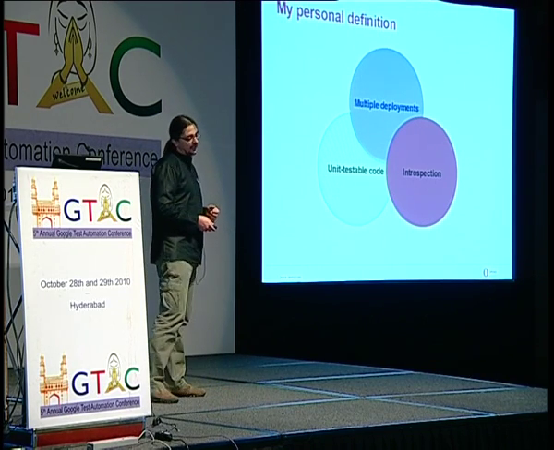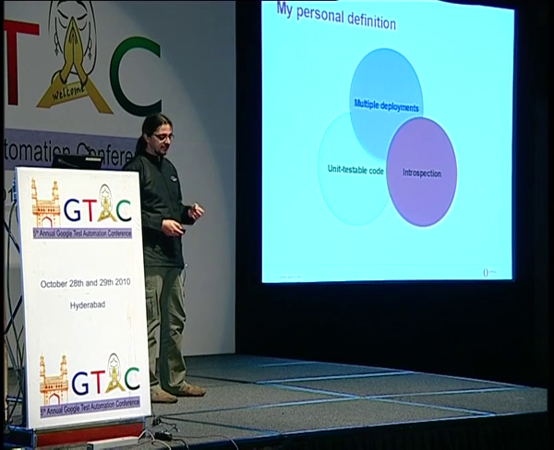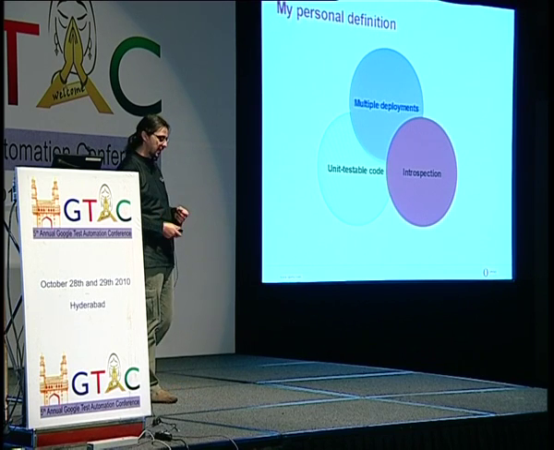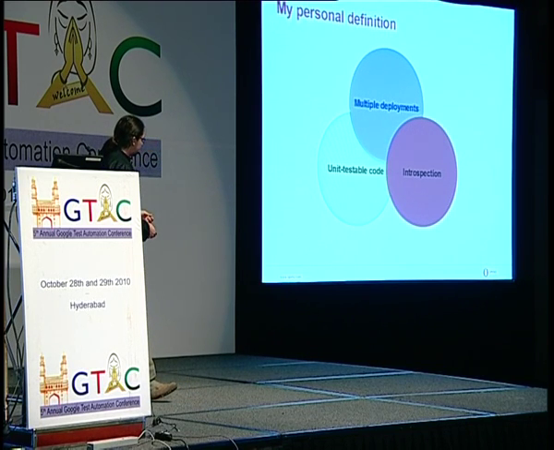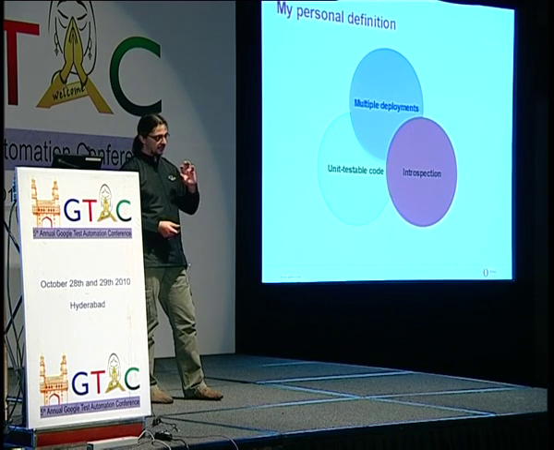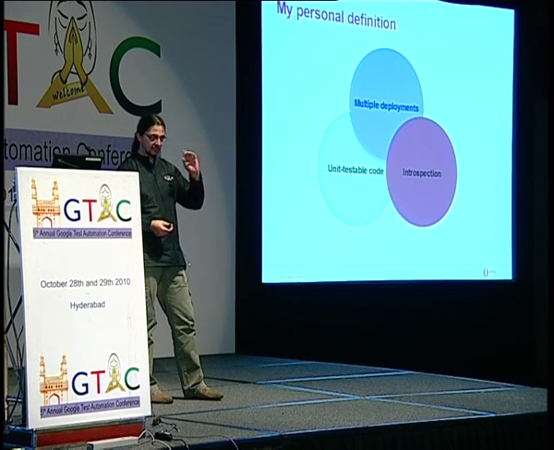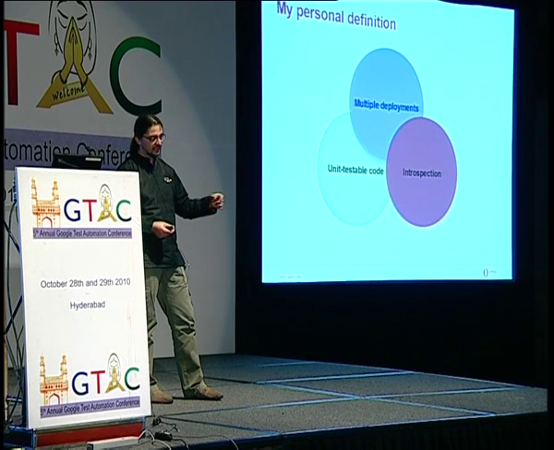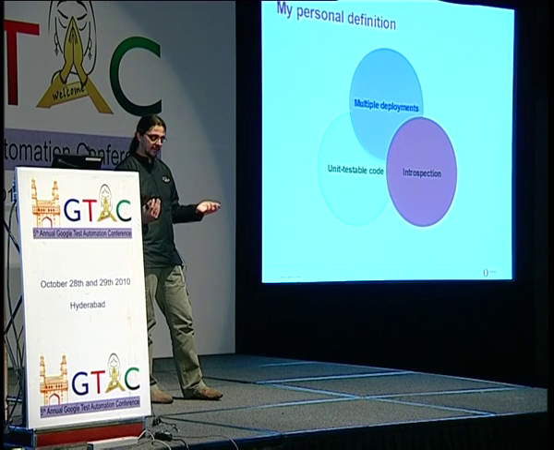So anyway, the first characteristic that I think is important for a project to be testable is having unit testable code. Having code that has good APIs and doesn't give you problems when you want to write unit tests for it. The second characteristic, I call multiple deployments. It's just that the project makes it easy to make multiple deployments or multiple installations of it, and all of them work and have the same reliability.